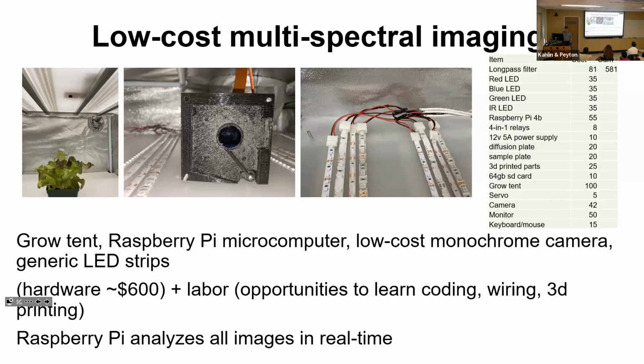So yes, you can get an imaging system for $500 or $600, but part of the real value is the learning opportunities. This force-fed a whole bunch of us a lot of applications-grade Python, and then having to do wiring.